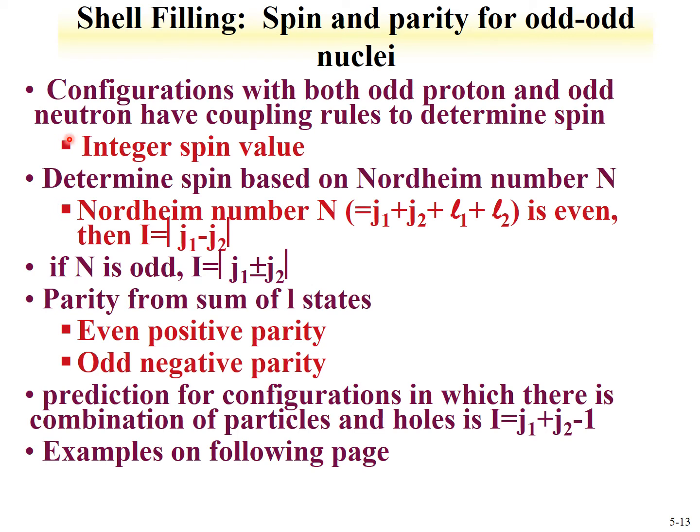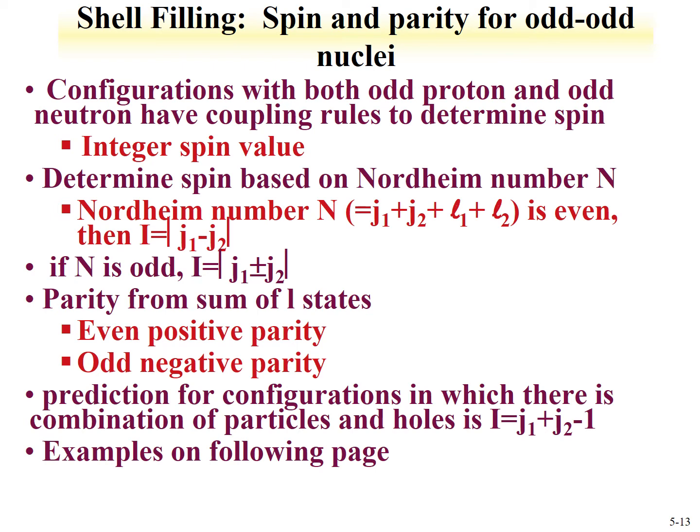One route to determine this is the use of the Nordheim number, where the Nordheim number is the sum of the spin and the orbital angular momentums. If we add the numbers together and the Nordheim number is even, then the spin is the absolute value of the difference between the two numbers.